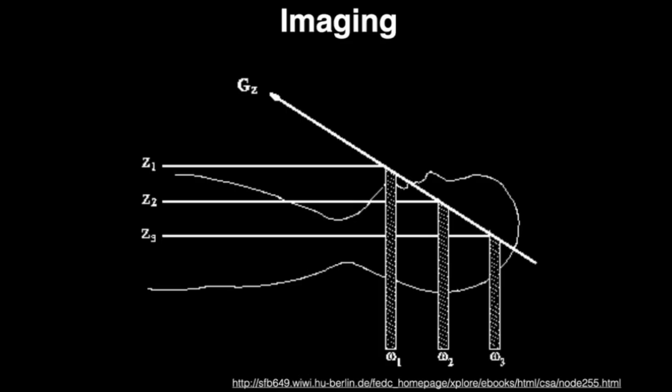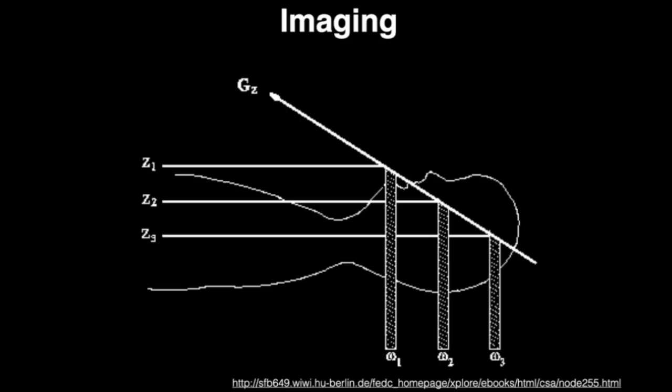The tissue at omega-1 and omega-2 is not at resonance, so it's not going to be affected. It's not going to be excited or tipped into the XY plane, so we're not going to see it. After we're done detecting the signals from the omega-3 location, we can repeat and transmit at each of the frequencies for the respective locations we want to image.